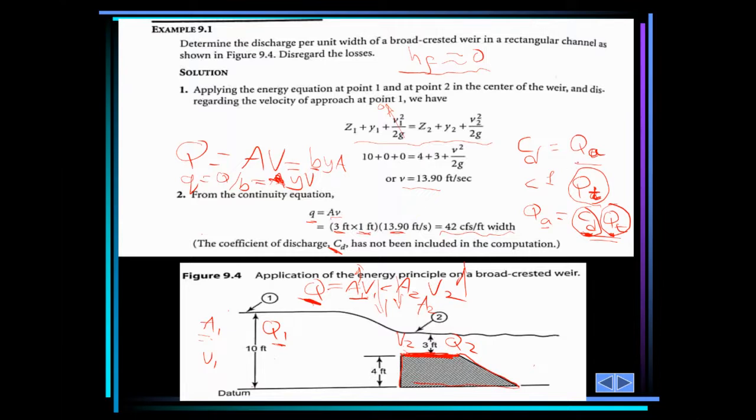So the coefficient of discharge is QA over QT, and CD is always less than 1, then it follows that QT is always greater than QA. Sorry, I interchanged QT with QA. So the theoretical discharge is always greater than the actual discharge, and this is because of overestimation.